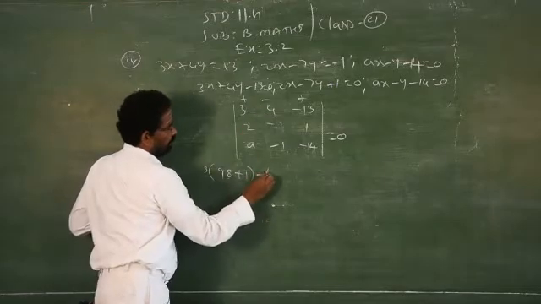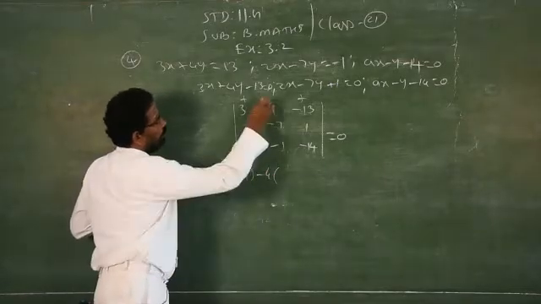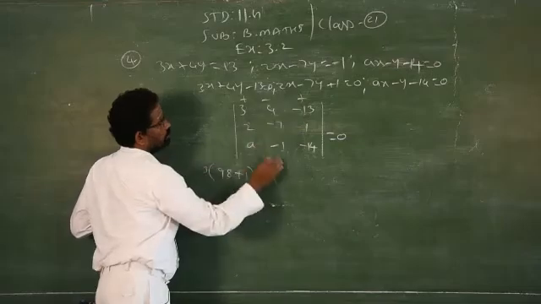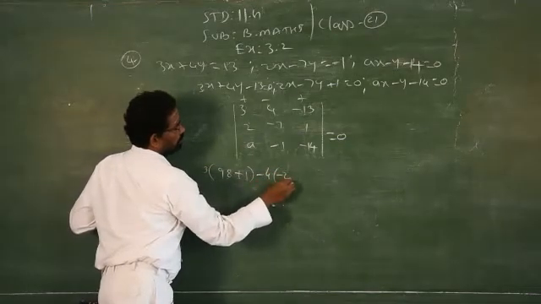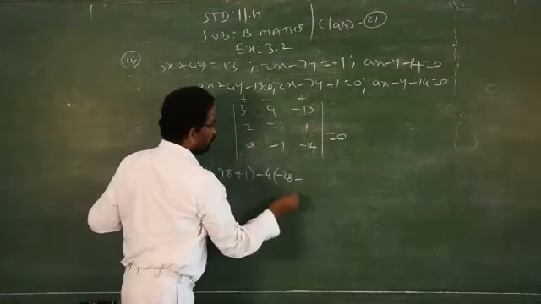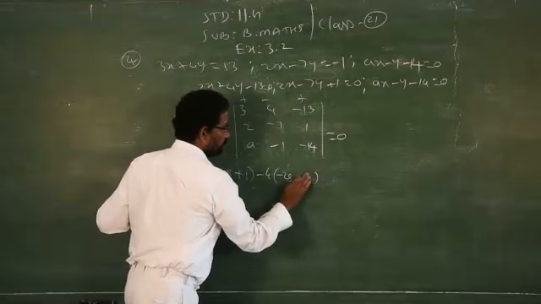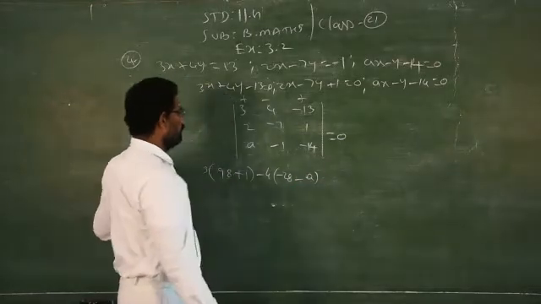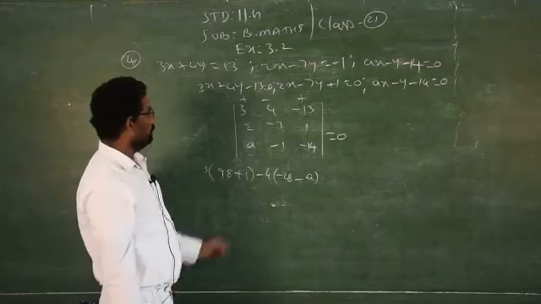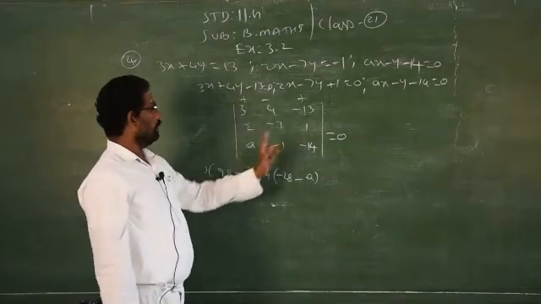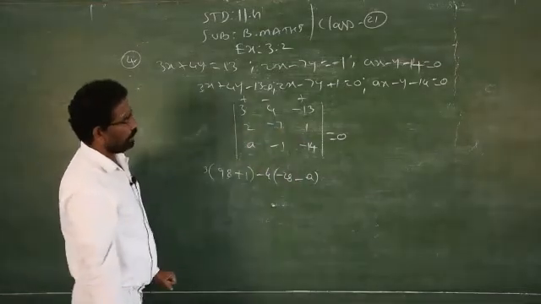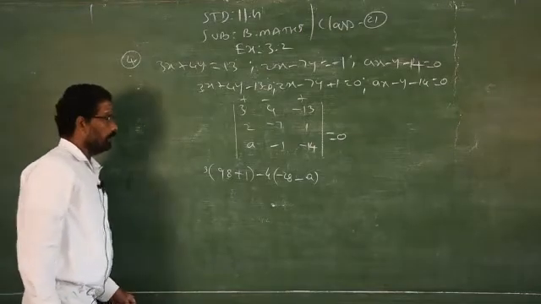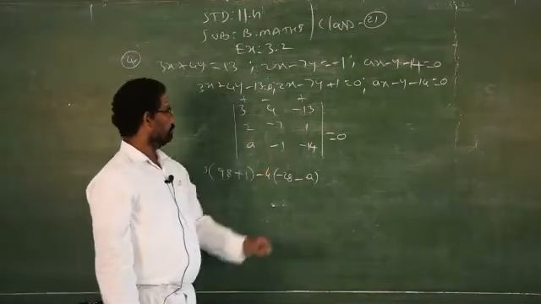Take the second one, minus 4, leave the rows and columns, minus 28, a into 1, minus a. Don't write just 1. Some of the boys will write only 1 into a, that is 1. So don't do like that. When you multiply any variable with a number, you have to write the number with the variable, that is 1 into a.